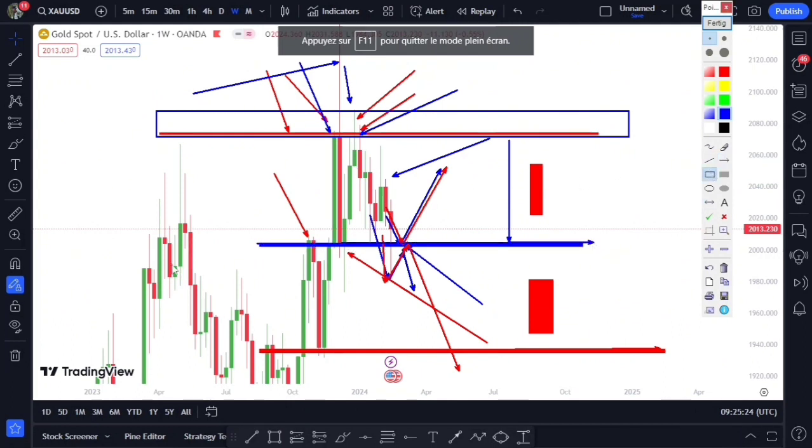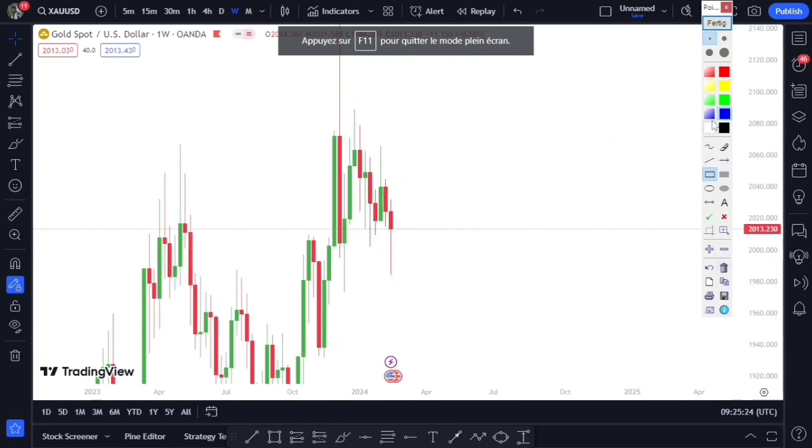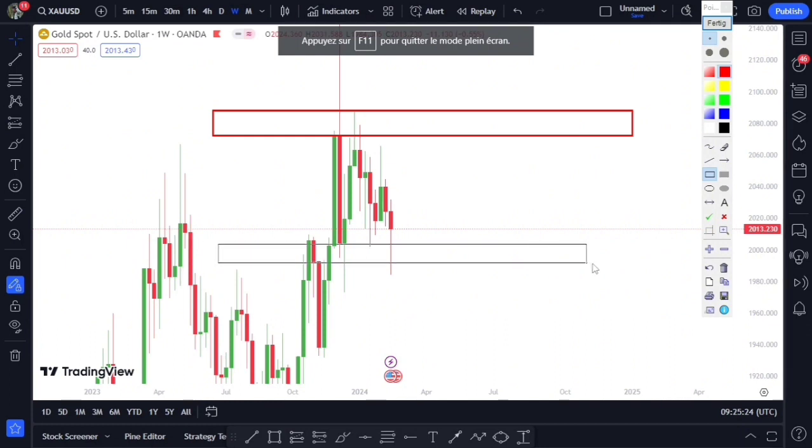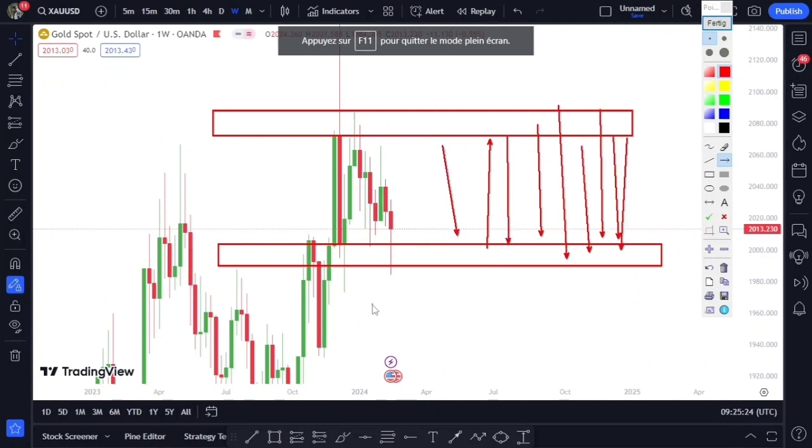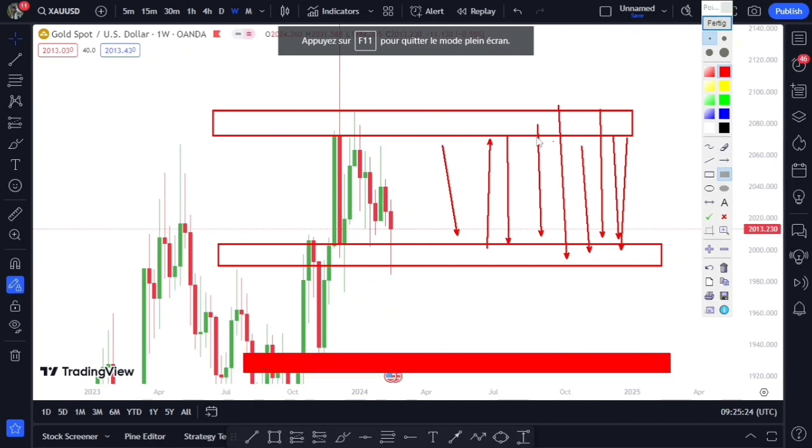I can also create it right here. It's an area of support, as you could see. Let me just draw it in a better way. This is an area of resistance, and this is an area of support. And this is what we call a range, and it needs to be a bigger range to trade, to catch more pips. And these are the other ranges that you can create right here. So this is range 1, this is range 2, and this is the idea about this video.